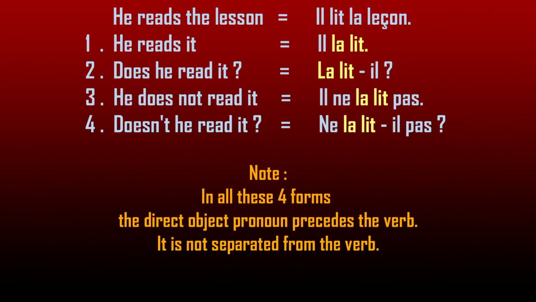Il lit la leçon. He reads it. Il la lit. Does he read it? La lit-il. He doesn't read it. Il ne la lit pas. Doesn't he read it? Ne la lit-il pas.